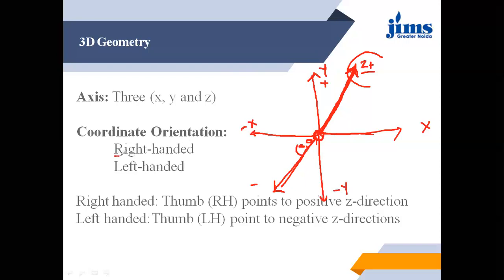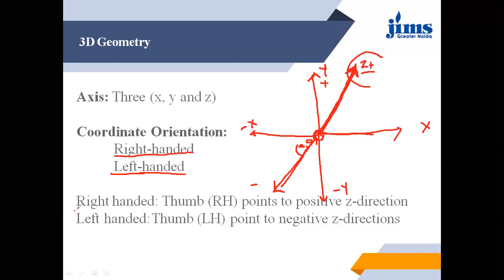The first one is right handed and the second one is left handed. We have to find out whether the value of z is positive or negative by using the right hand thumb or left hand thumb. This is called the thumb rule.